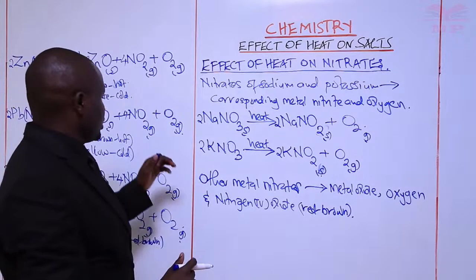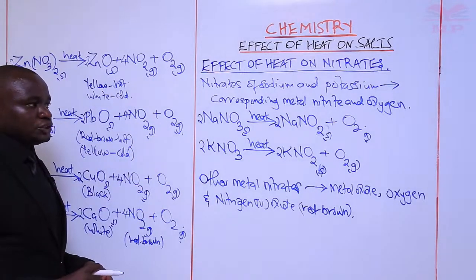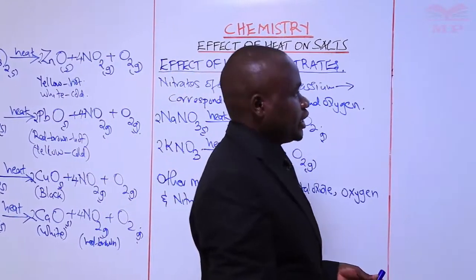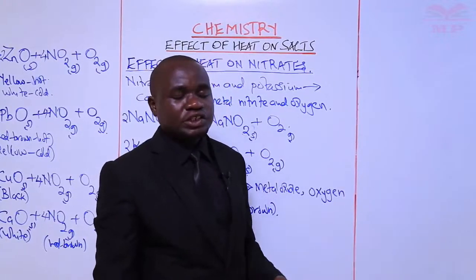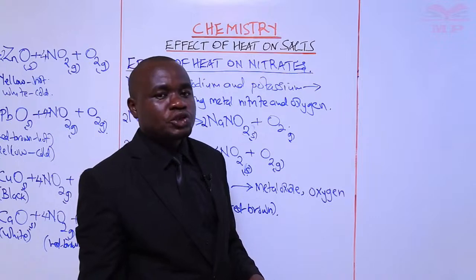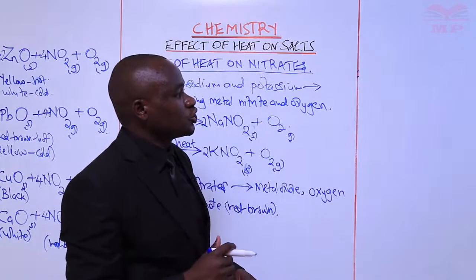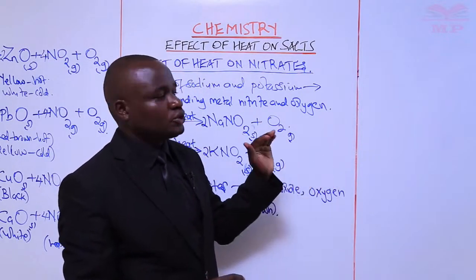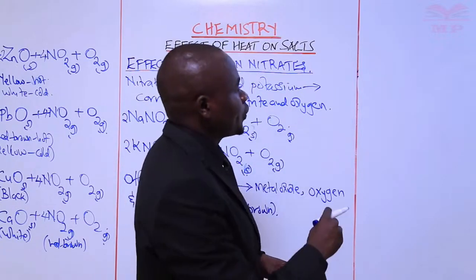Now, remember, these are elements which are in the middle of the reactivity series. Those which are least reactive, their nitrates behave differently in that instead of getting the corresponding metal oxide, they give us the corresponding metal, nitrogen oxide, and oxygen. So we are going to illustrate that by using the least reactive metals, that is silver and gold, as follows.